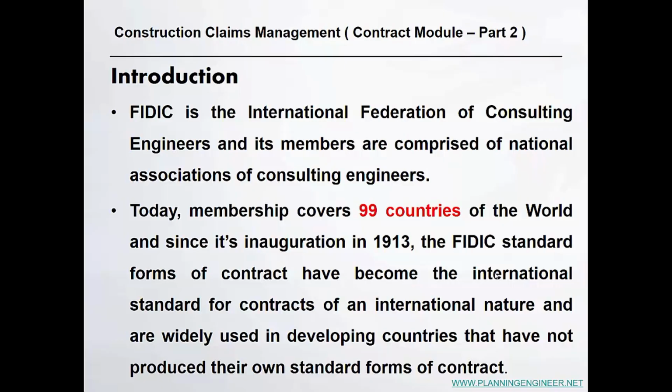They are using FIDIC as the legal form of contract. So it has become recognized internationally, and therefore we dedicated a special part for it, because even if your contract is not referring clearly to FIDIC, they are copying clauses from FIDIC and putting them in your contract.